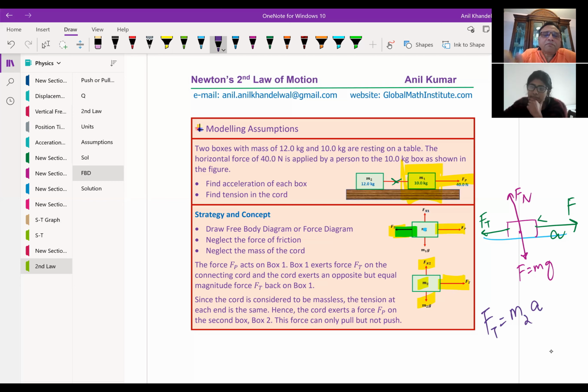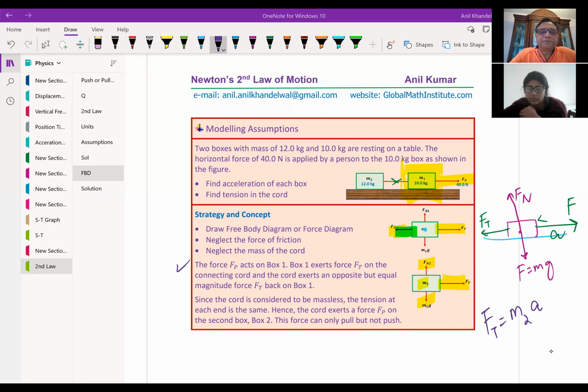Yeah, it is. Can you please read this part, the explanation on the same? The force Fp acts on box 1. Box 1 exerts force Ft on the connecting cord, and the cord exerts an opposite but equal magnitude force Ft back on box 1. Right.